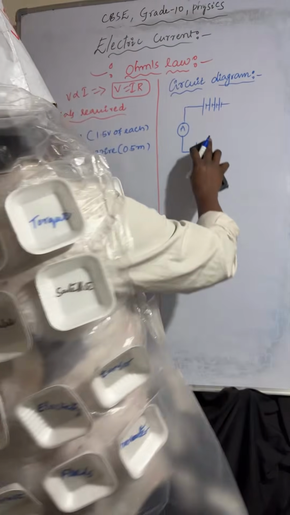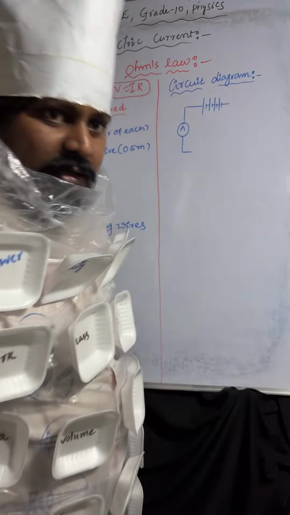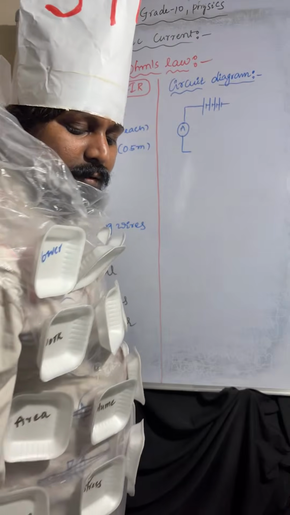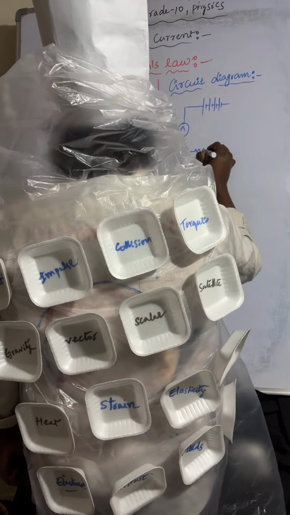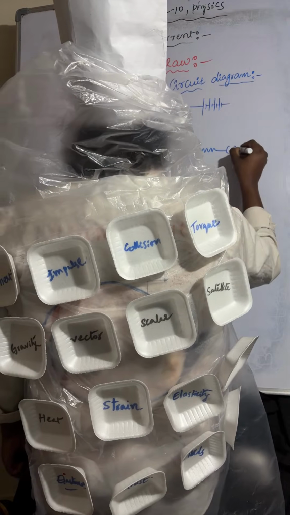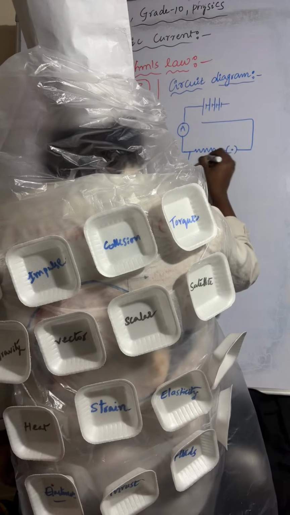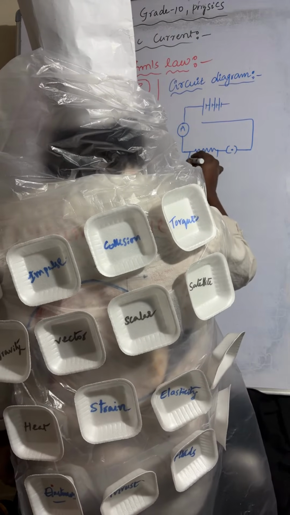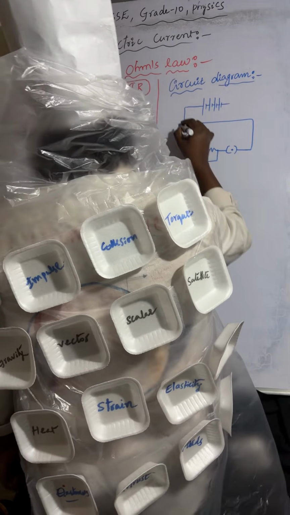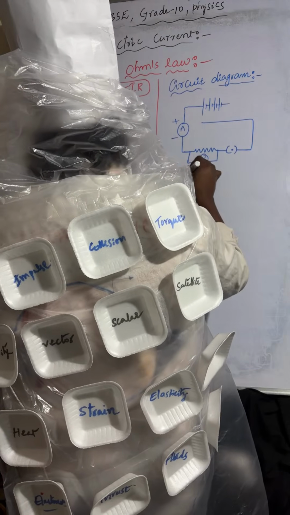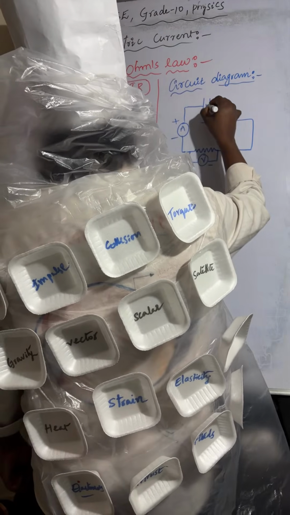This resistor is connected to the voltmeter like here. So positive terminal, negative terminal, and the current is flowing.